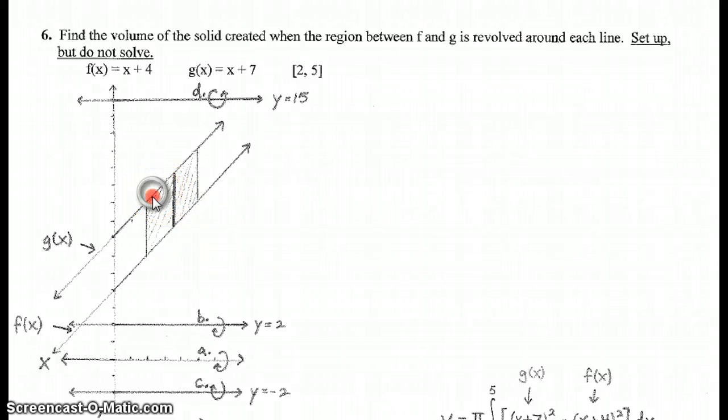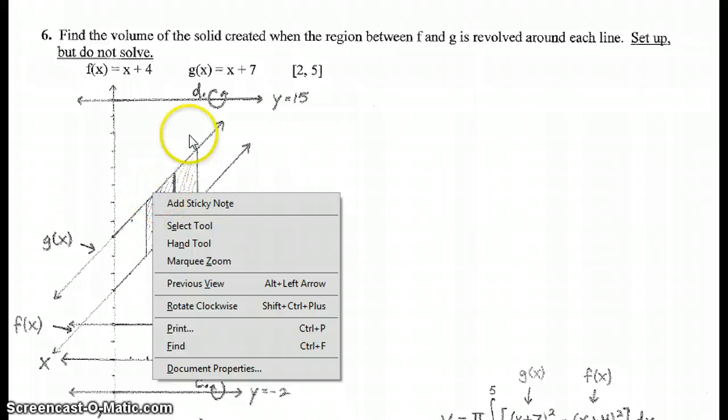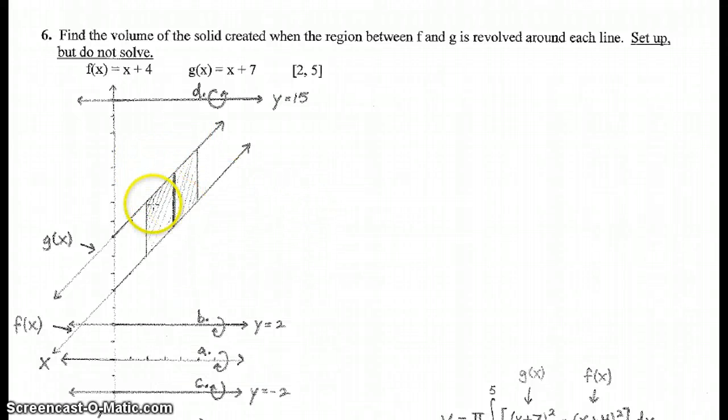However, we're not going all the way back to the x-axis. We're going from g to y equals 2. So the distance from g all the way to the x-axis is, of course, just g.